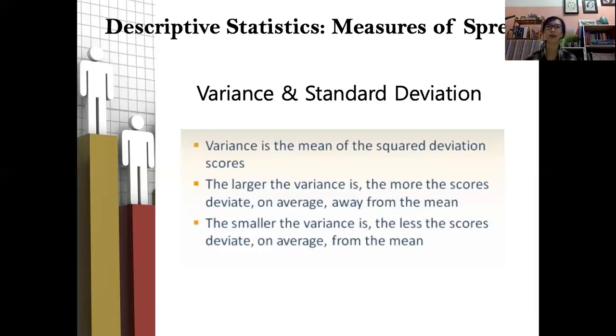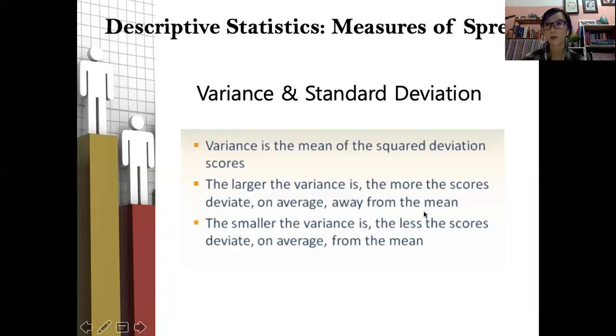All right. So why do we have to learn about variance and standard deviation? Because we want to know how far, relatively, the deviation or the distance between individual scores and the mean scores.